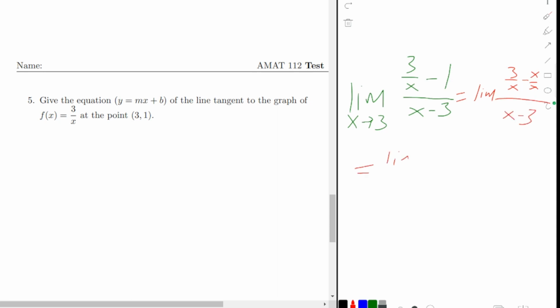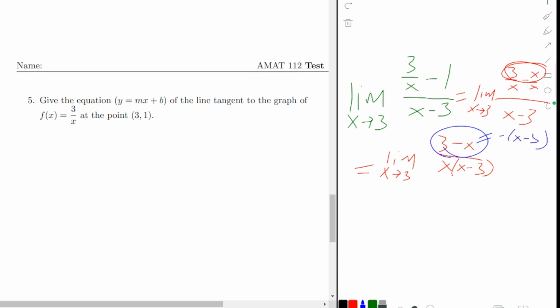This is equal to the limit as x goes to 3. So here in the numerator, we'd have 3 minus x. Dividing by x is the same as multiplying by its reciprocal, so we can just move that downstairs. And I want to point out that this 3 minus x, that's just equal to negative x minus 3.